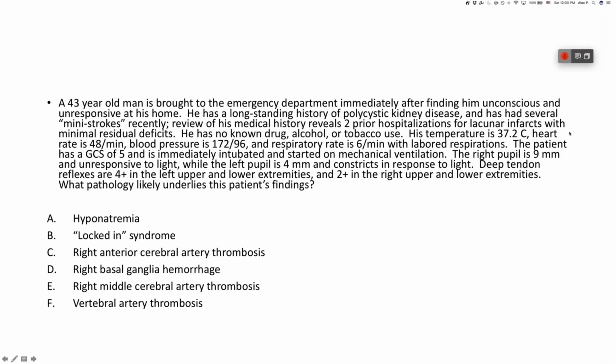Actually, I'm sorry, I don't think it's the MCA or the ACA because we're still talking about brainstem. We're thinking cranial nerve 3, which would be above the pons, so most likely in the midbrain part of the brainstem.